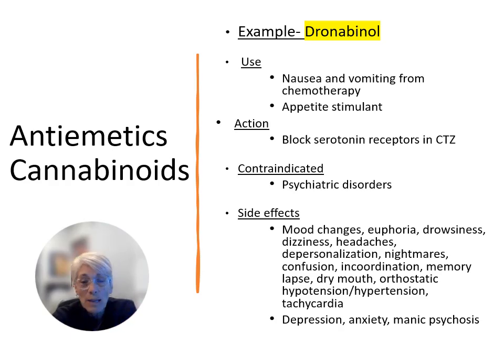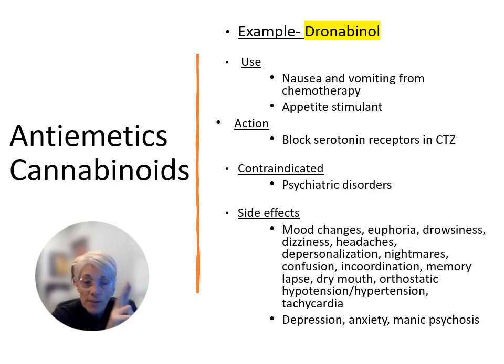But the nice thing with cannabinoids is that it also helps to stimulate appetite. So this is a good one to use for our folks that have cancer and AIDS. Our AIDS patients that have vomiting, because it'll stimulate their appetite, and they need nutrients to help fight the fight of whether it's AIDS or cancer.